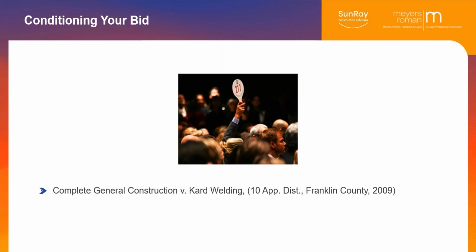Now, the way out of that is they have to comply with the terms of your bid. If all you say is, I can do this scope of work for this amount of money, you have no negotiating power at all. They're going to turn around, they're going to give you the contract they have, and all they have to do is use terms, and it says so right in this case.